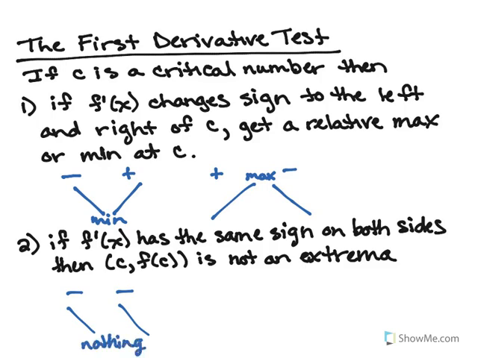Now, it actually does have the potential to be something, but that's something we'll get to in the next lesson using the second derivative to test for concavity. Because if it's not a change from increasing to decreasing, it's probably going to be a change in concavity. And if I go from positive to positive, again, I don't get an extrema. So as far as classifying extrema, we get nothing.